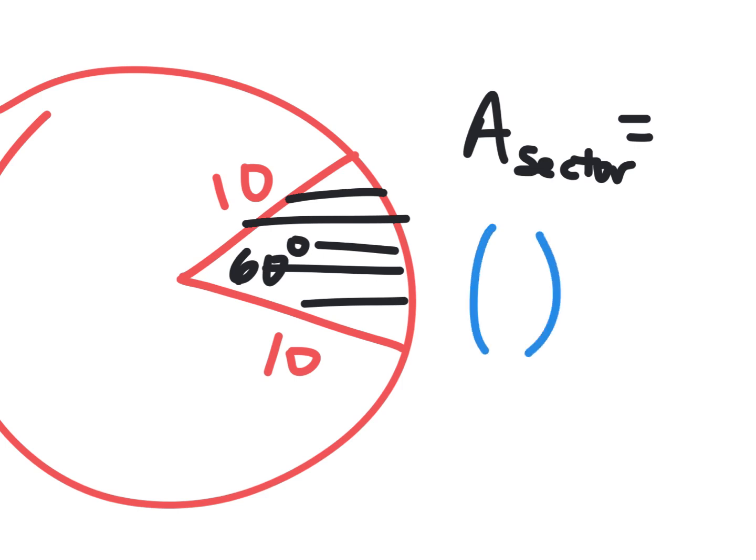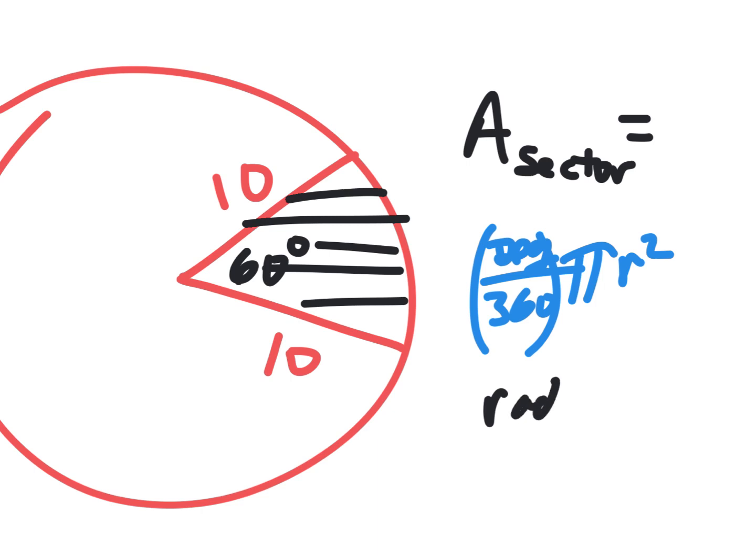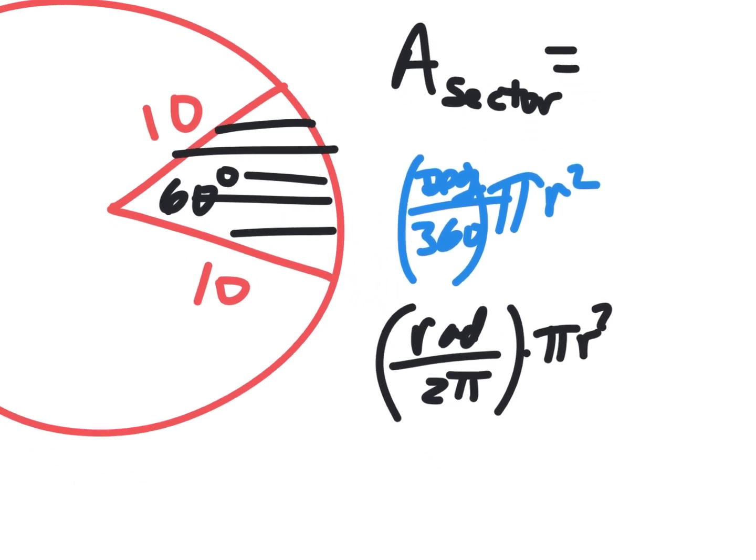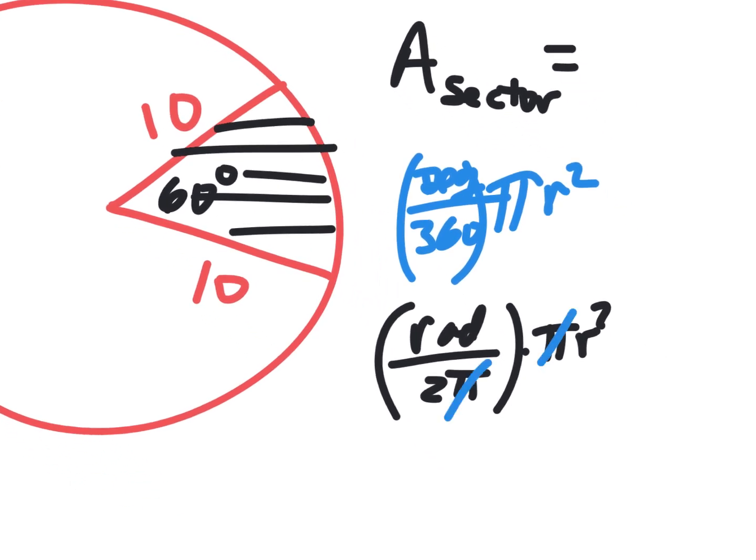And it's the degrees out of 360, or couldn't that have been in radians? If it was in radians, it'd be out of 2 pi, not 360, okay. And then times pi r squared. So the formula in radians is the radians out of 2 pi times pi r squared, but they cancel the pi's, logically, right?